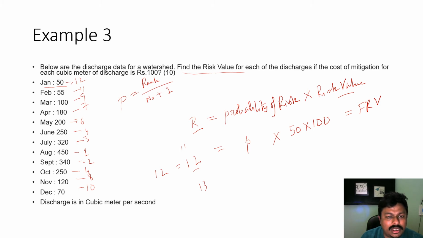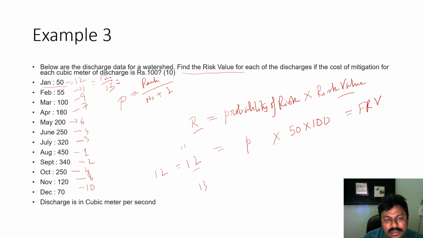Let us take an example. This is your 12th number discharge, this 50. So this will come 12 by 13. The probability of that discharge will be, let us calculate, 92%. So the lesser the discharge, the more common it will be.